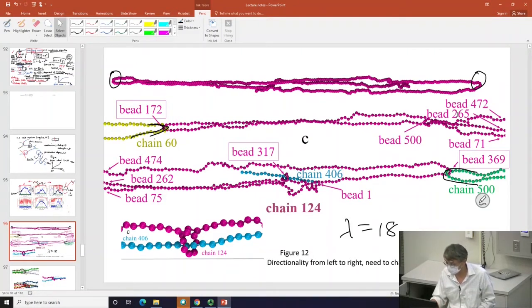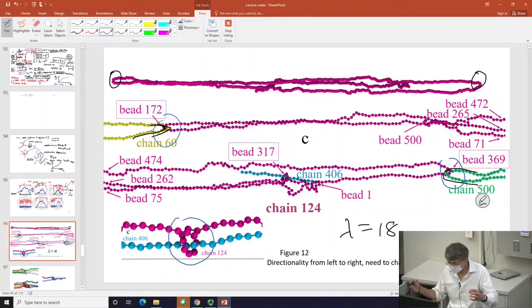So for example, this particular chain 124 is basically made of 2 hairpins. On one side, it's grabbed by one of the chains here, and on the other side, it was grabbed by a different chain on this side. And in the middle, it has some twist, as shown here. It's rather complicated.